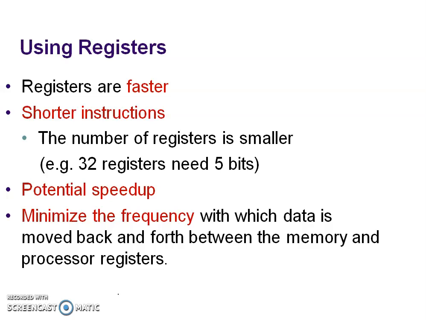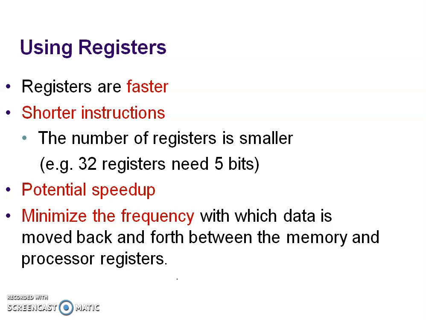So the third operand, instead of being fetched from the memory, can be obtained from the register. Also the number of bytes used to represent that instruction will be less if we make use of the registers, because the number of registers is smaller.